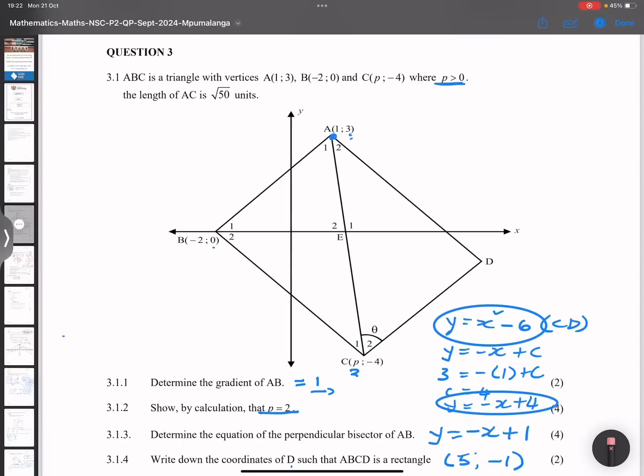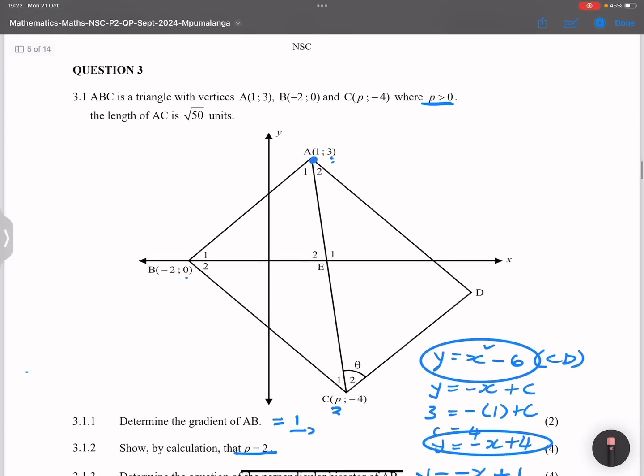So we're going to look for the gradient of AC, right? So the gradient of AC is actually 3 minus a negative 4 divided by 1 minus 2, and so that will give us 7 over negative 1, so this would be negative 7. Okay, now I'm going to look for the angle E1.